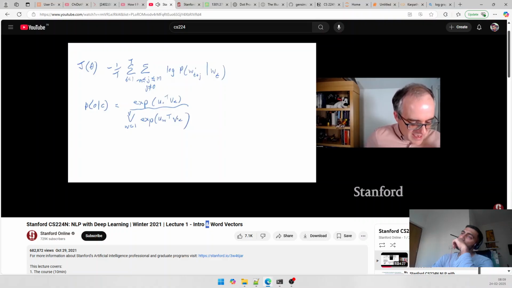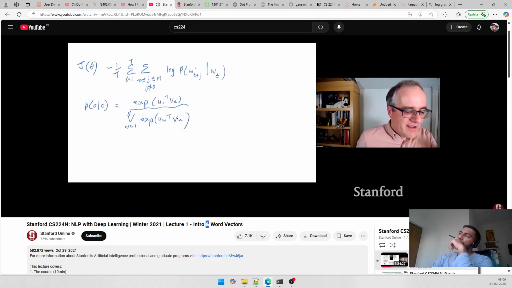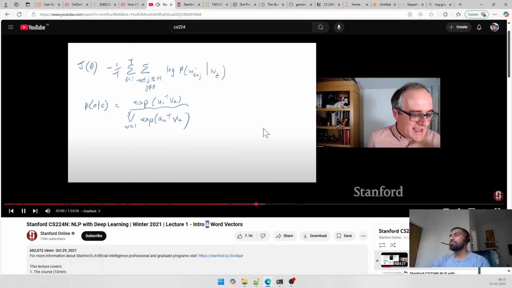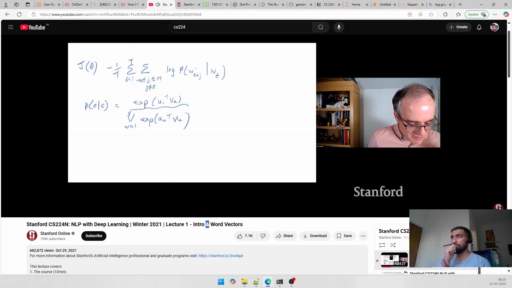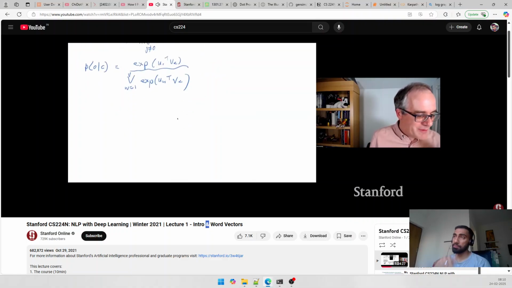Okay, and so now what we want to do is work out the gradient, the direction of downhill for this loss. The way we're doing that is we're working out the partial derivative of this expression with respect to every parameter in the model, and all the parameters in the model are the components, the dimensions of the word vectors of every word.